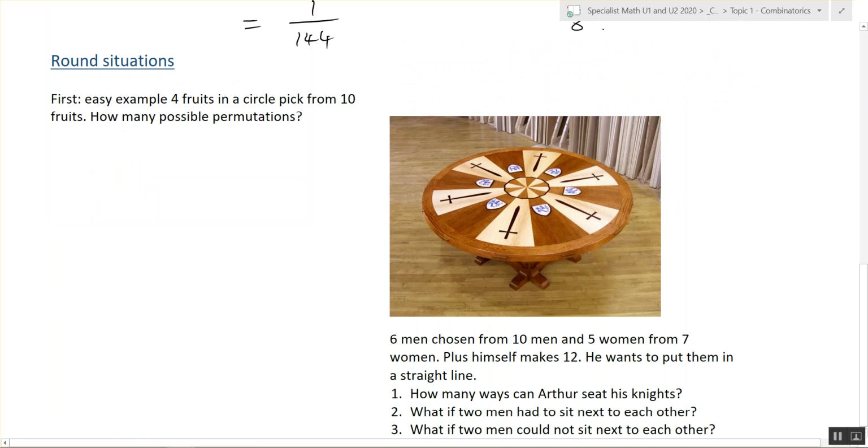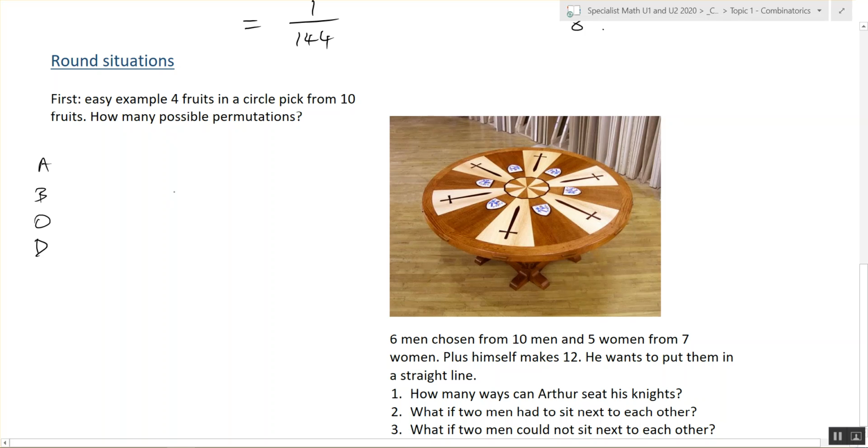So 4 different fruits. I don't know, an apple, banana. What's another fruit? Orange and a dragon fruit. Okay.